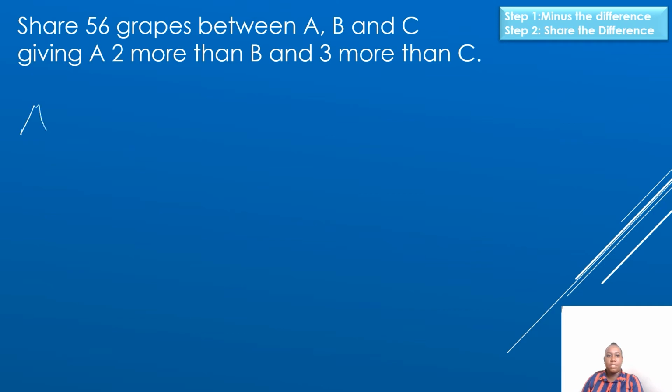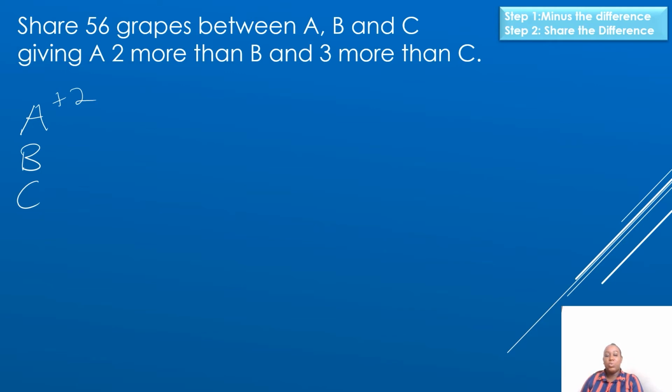So we have 56 grapes and we want to share it between 3 persons, giving A 2 more than B. I'll repeat that. Giving A 2 more than B. So A is going to get 2 more than B. Only 2 more than B. There's a reason why I'm repeating myself. You'll see.